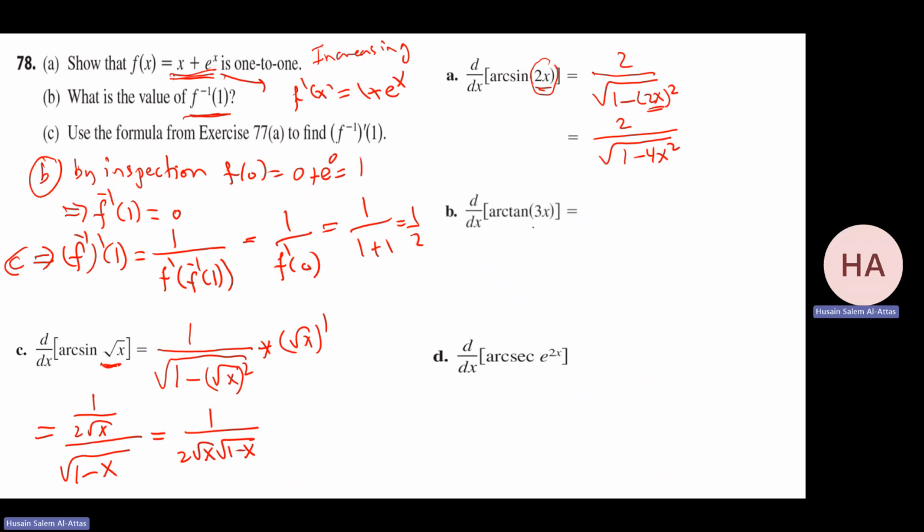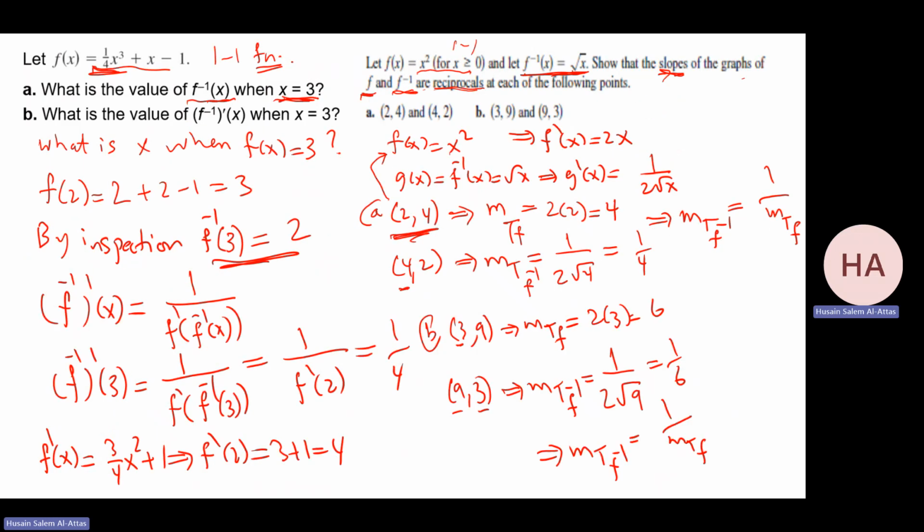Now we'll come to arctan. Arctan is 1 over 1 plus u squared times the derivative of u, which is 3. So that will be 3 over 1 plus 9x squared, which is this formula.